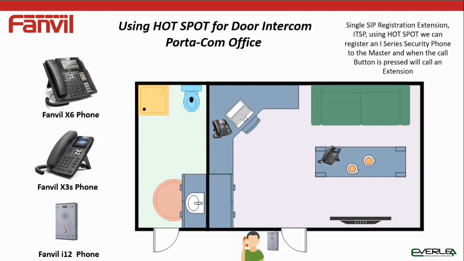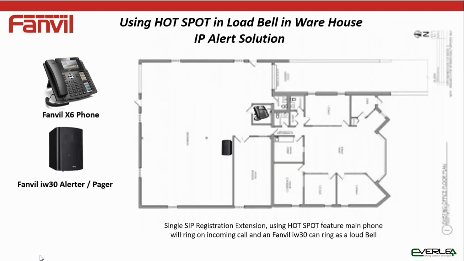So now let's say I've got someone coming up to the door and I want to press the button. Now I can actually make the phones ring. It can actually be a client ringing, and those phones can ring on incoming.